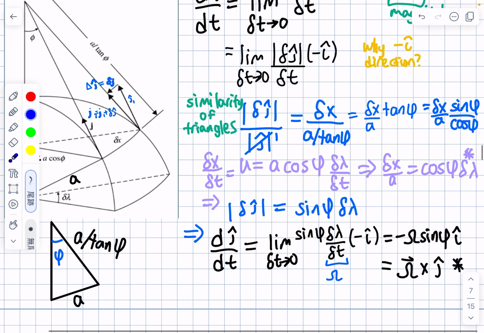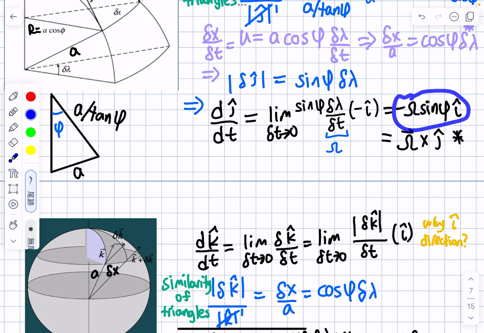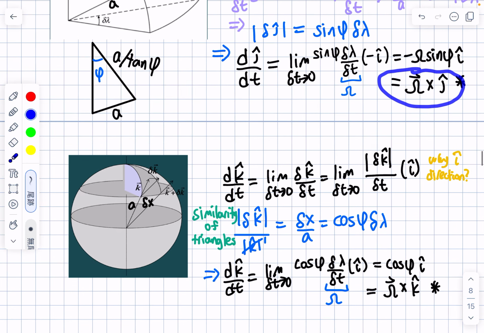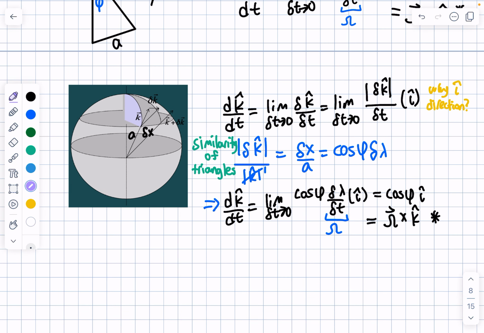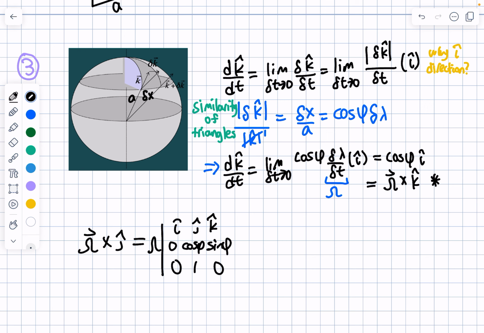And similarly as before, we can show that this is equal to the omega vector cross j. So I'll just show that for a second. To write omega cross j, it is equal to the determinant with rows i, j, k; 0, cos phi, sine phi; 0, 1, 0.